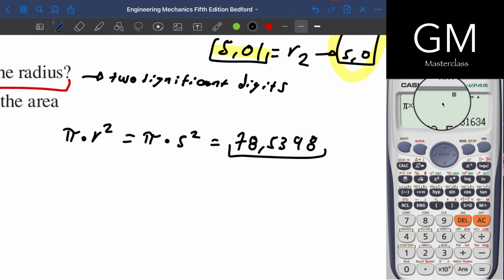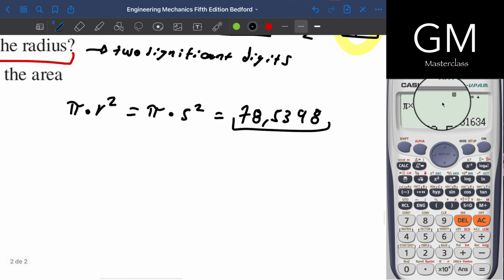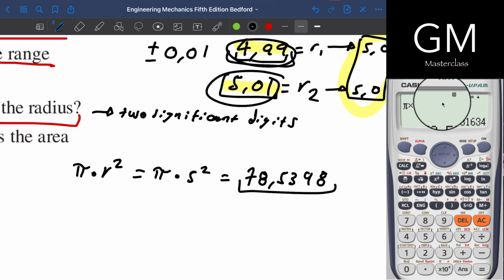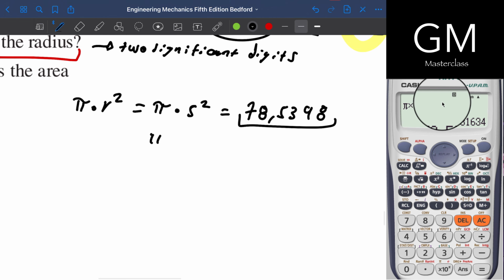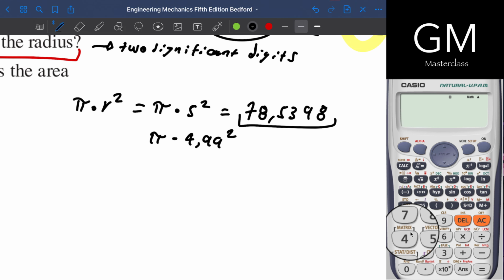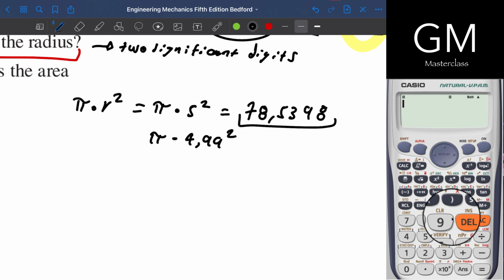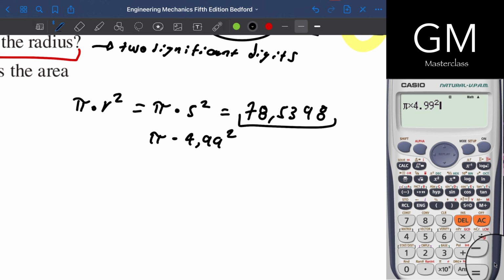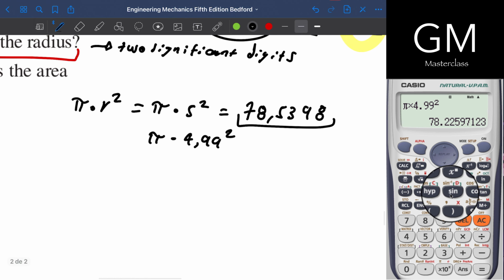This is the actual area of the hole, but we have to evaluate it using these 2 numbers. So pi times 4.99 to the second power is equal to 78.2 and so on.